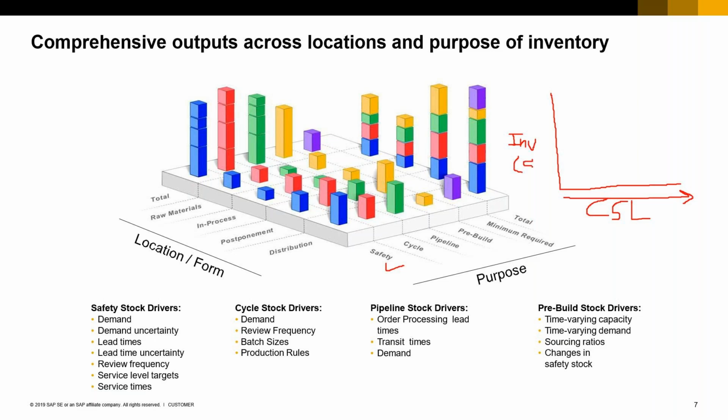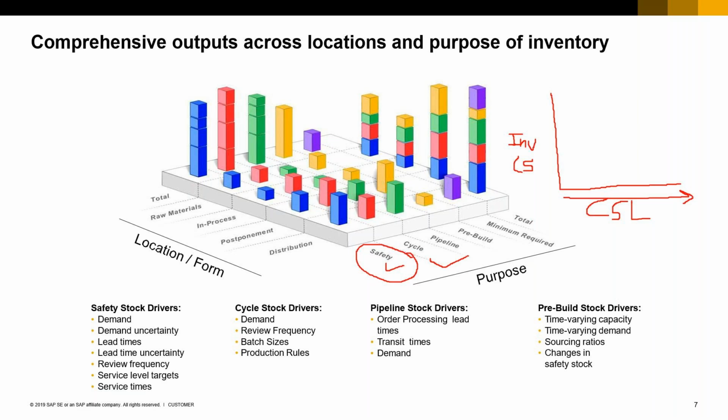Every single one of them, yeah. These are independent stocks, right? So all have their different meanings. So recommended safety stock is one of the important outputs that comes up, but there are several other stocks as well.